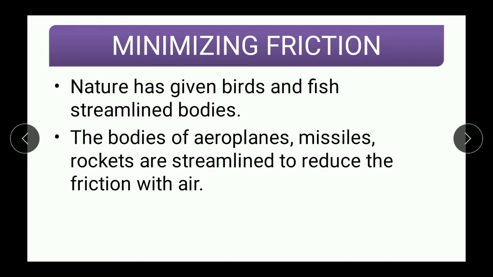We realized that we have to make these bodies streamlined. Why? Because they have to move through fluids. So aeroplanes, missiles, and rockets are streamlined to reduce the friction with air.